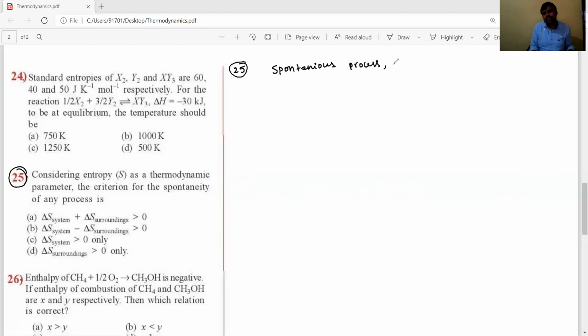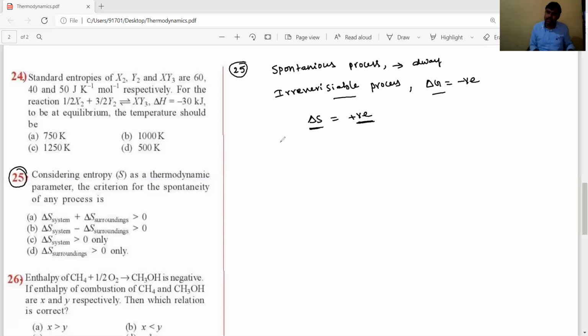The spontaneous processes are always irreversible. Always an irreversible process. So for the irreversible process, delta G is negative, and the entropy delta S is always positive.